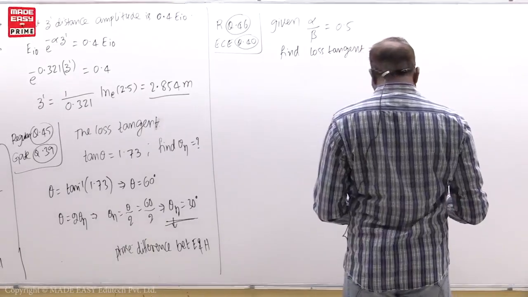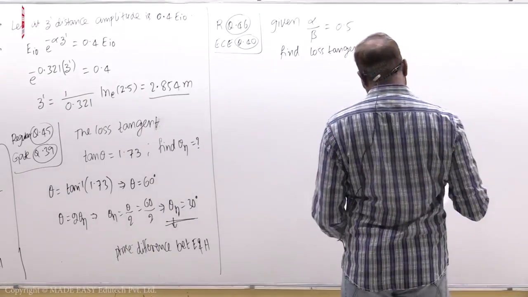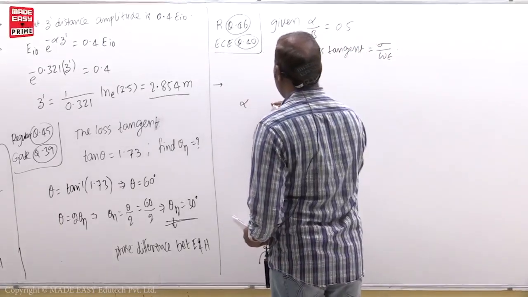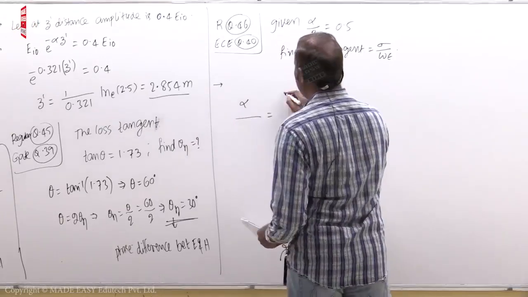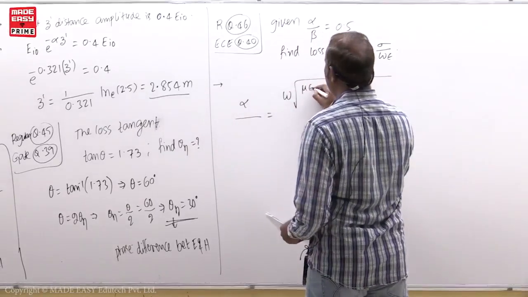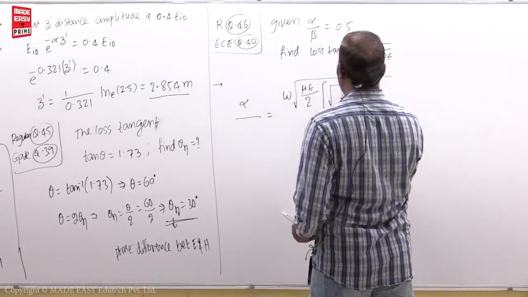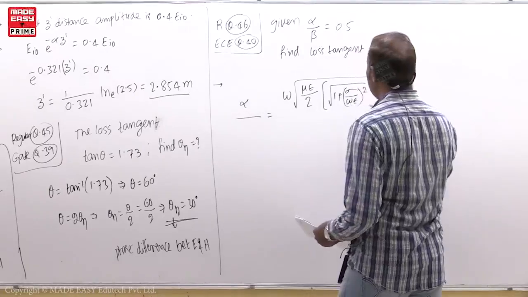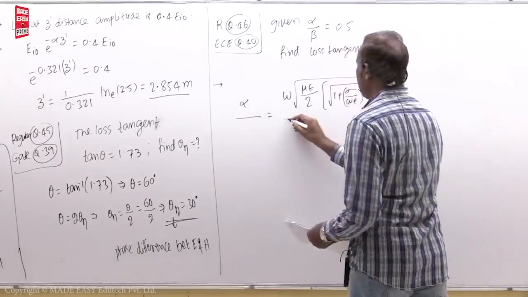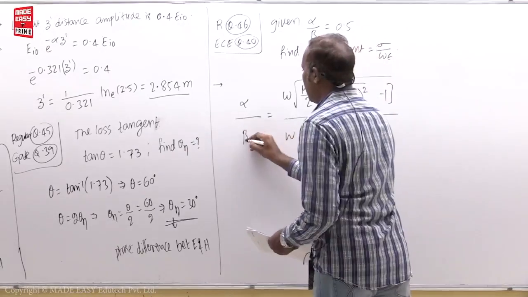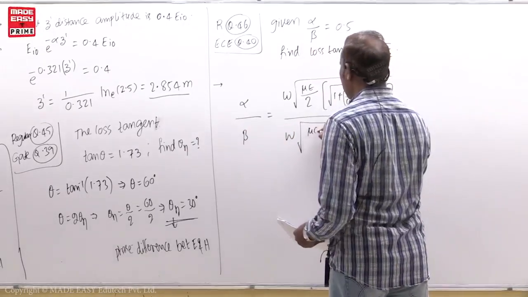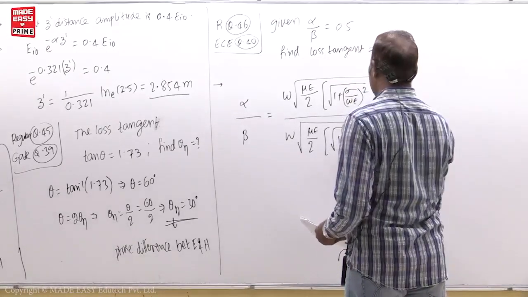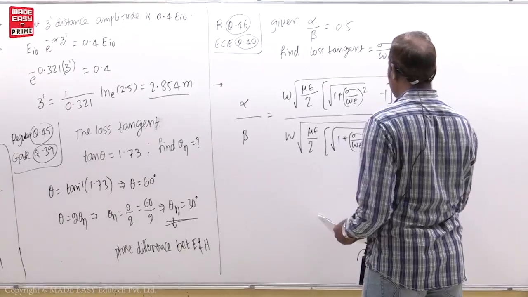So what we do, dear students, we know that first I will write alpha. Alpha is omega root mu epsilon by 2, then root of 1 plus sigma by omega epsilon whole square minus 1. This is the formula under root. Then beta is omega root mu epsilon by 2 and root of 1 plus sigma by omega epsilon whole square plus 1.